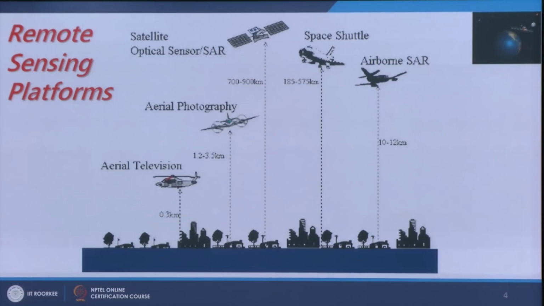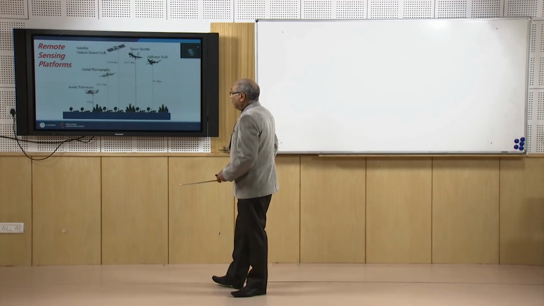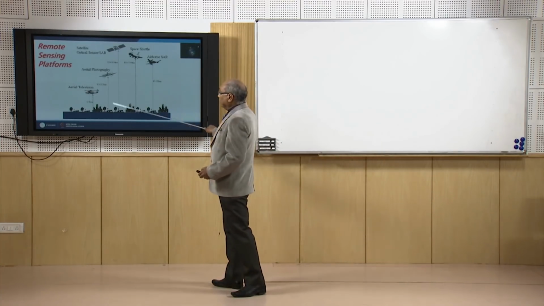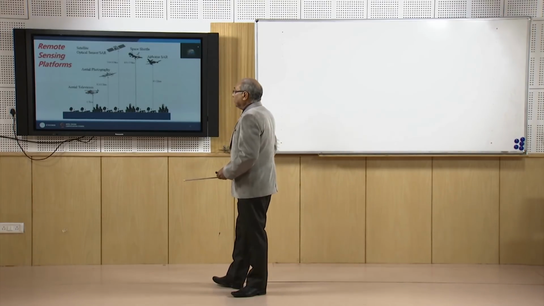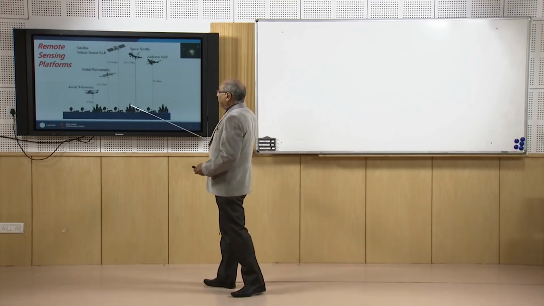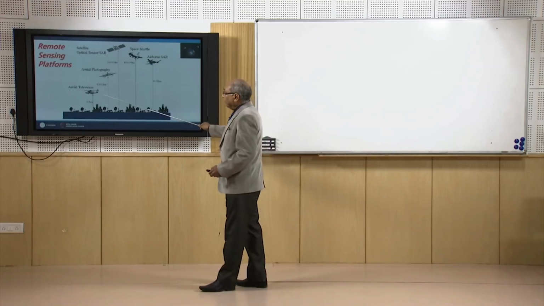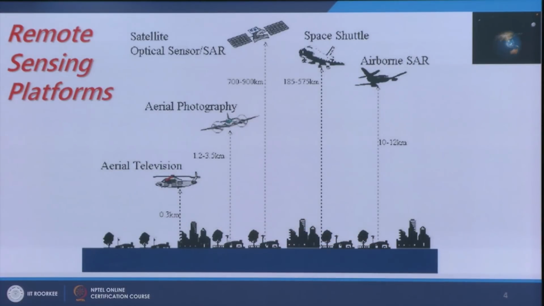Remote sensing is also considered when we are using helicopters or aeroplanes, which is considered aerial photography. Later on we started putting our optical sensors and other sensors on aeroplanes and satellites at different distances. Helicopters might be at 300 meters, 400 meters or 1 kilometer, whereas aerial photography can be done from much higher.